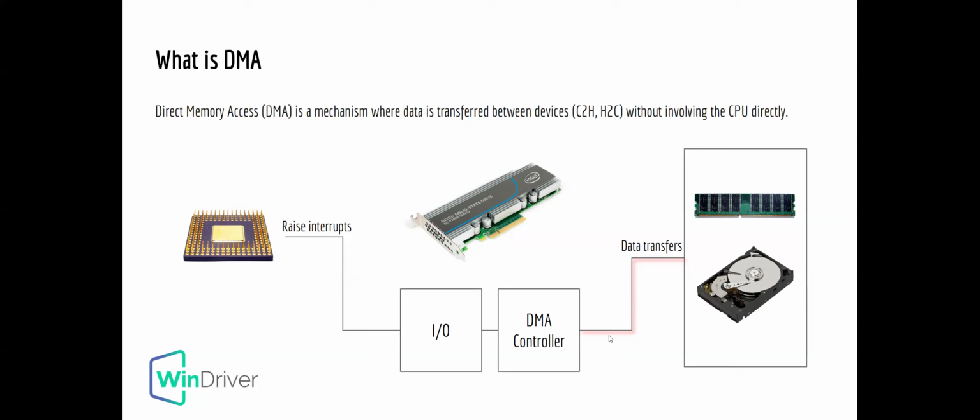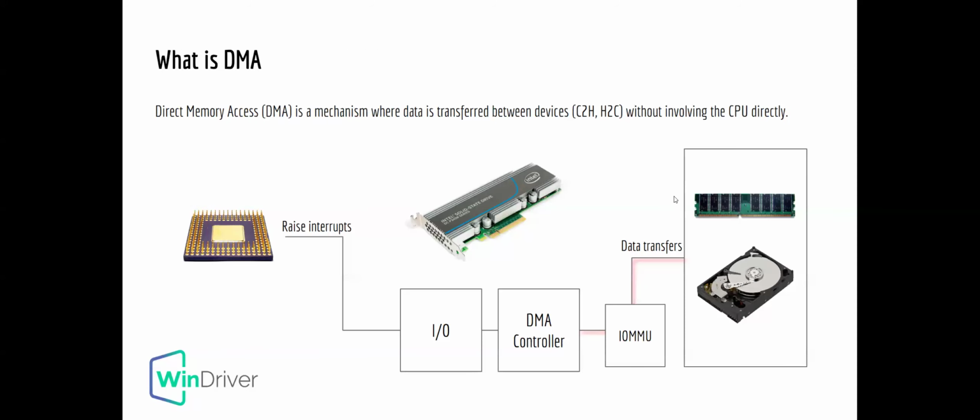And via the DMA controller, you can create data transfers without involving the CPU. There is another component called IOMMU. I won't elaborate too much about it, but we have an interesting research I will talk about shortly.